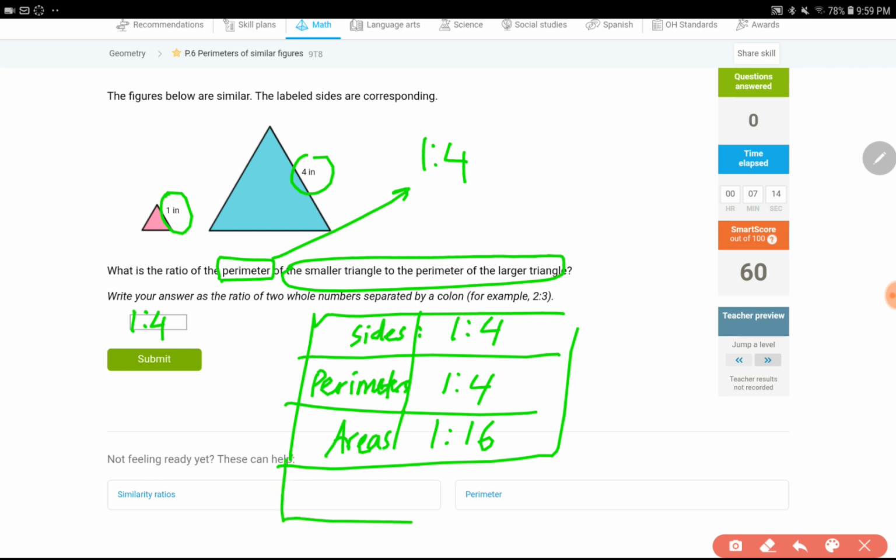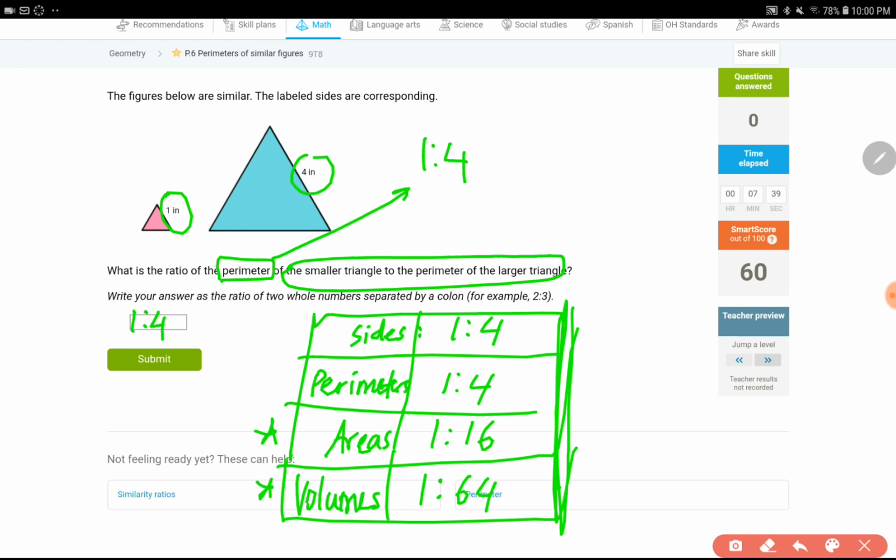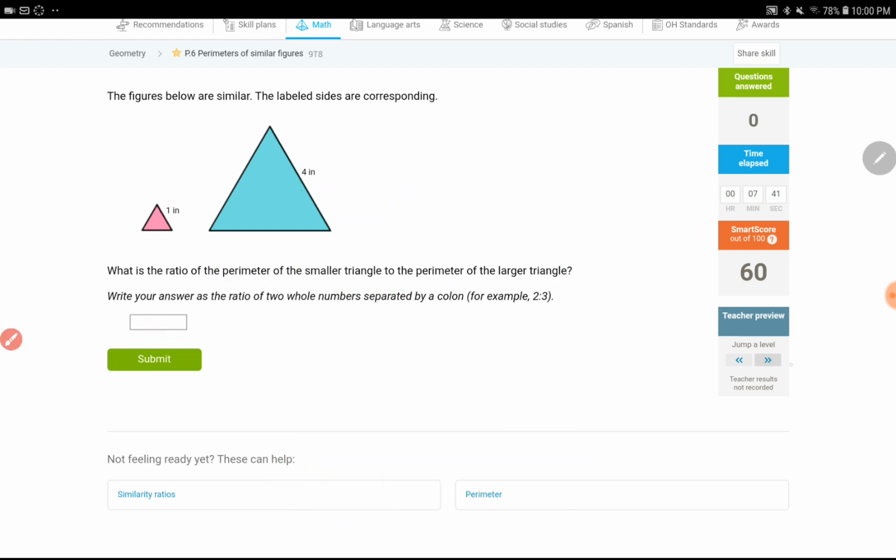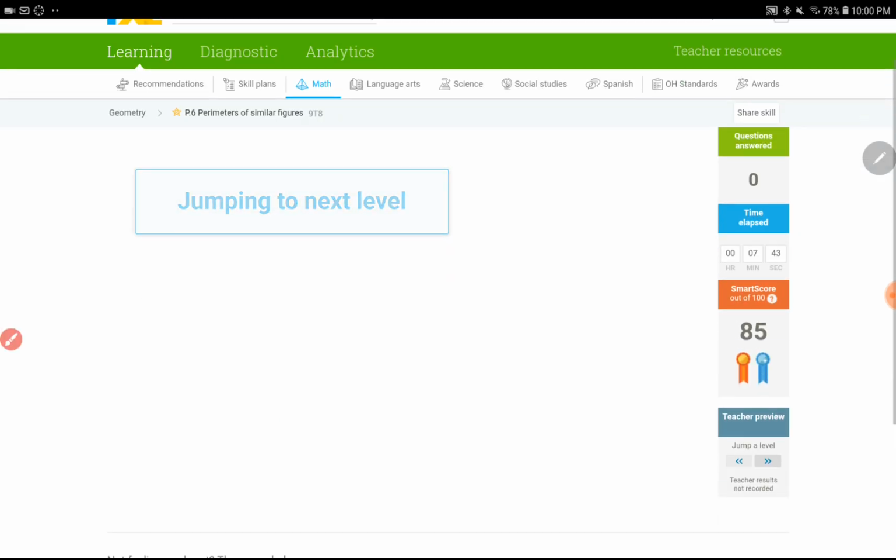If your question was about the ratio between the volumes, you would cube the original ratio. 1 cubed is 1, 4 cubed is 64. Just to make sure that you have something to make comparisons between, this is how it would look if your question was about the areas ratio or the ratio of the volumes. Let's have another one.